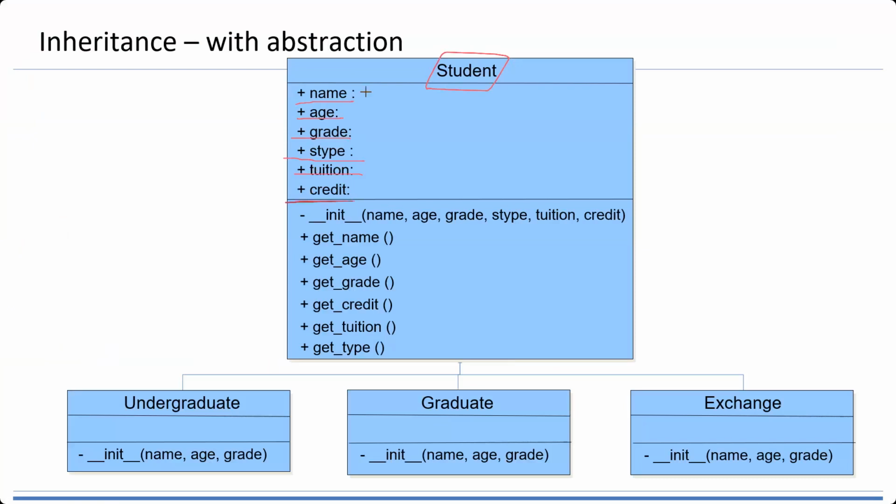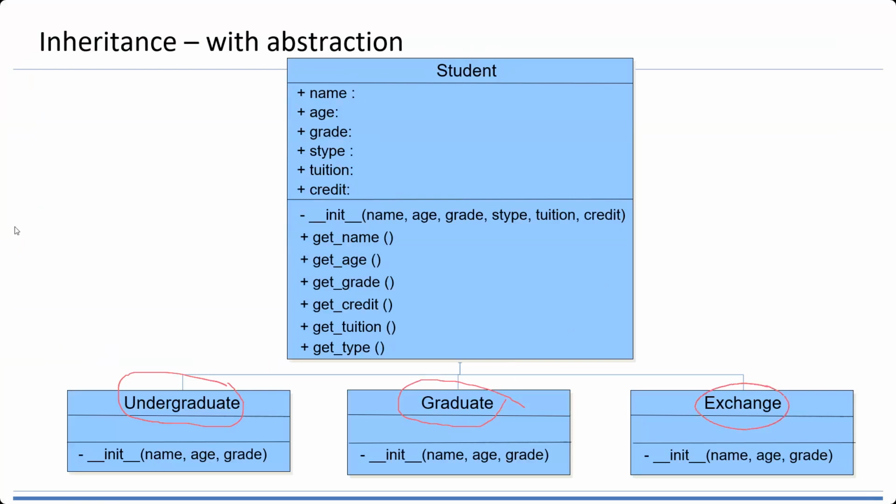So this is the same as the first example that we looked at, and we have the methods: the constructor, get name, get age, get grade, get credit, get tuition, get type. In order to split each of the students, we have three different classes: undergraduate, graduate, and exchange.